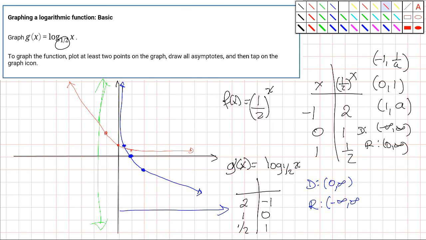And if you look at the y equals x line, you will know that they are basically a reflection along the y equals x line. All right, and that's how we graph a basic logarithmic function.